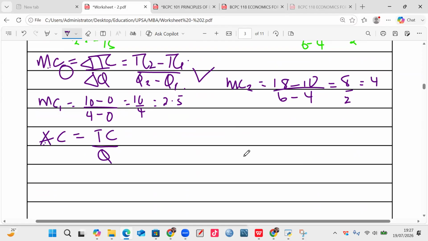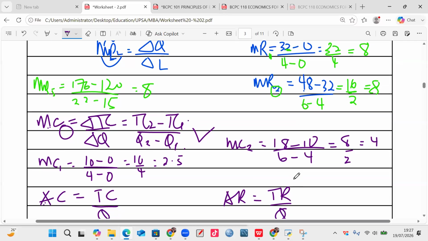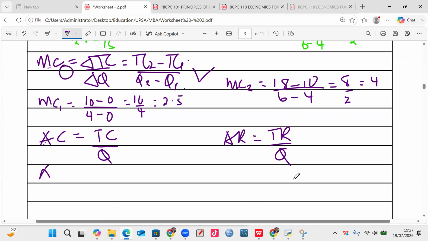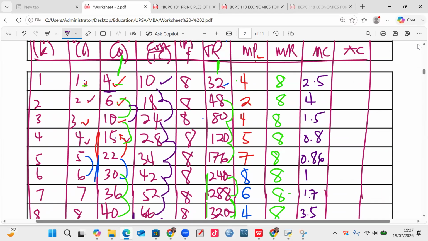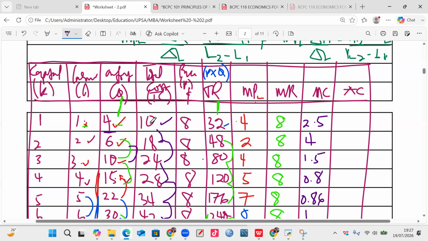If we go for revenue, average revenue, it will be what? Total revenue divided by the quantity. So let's say I pick AC at labor 1. What is the total cost at labor 1? Total cost is 10.